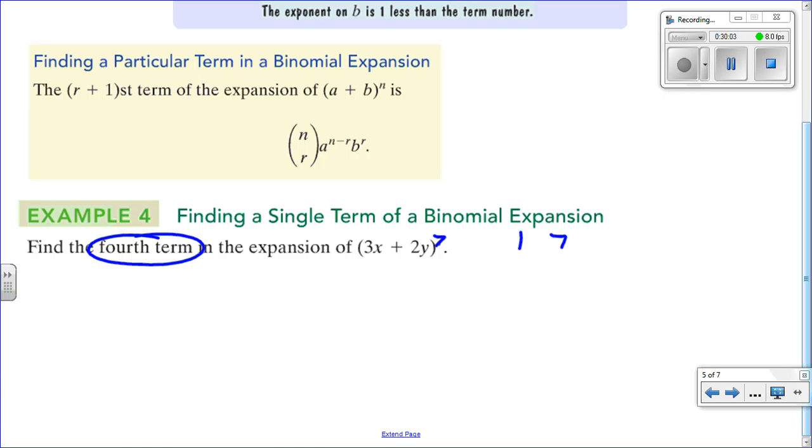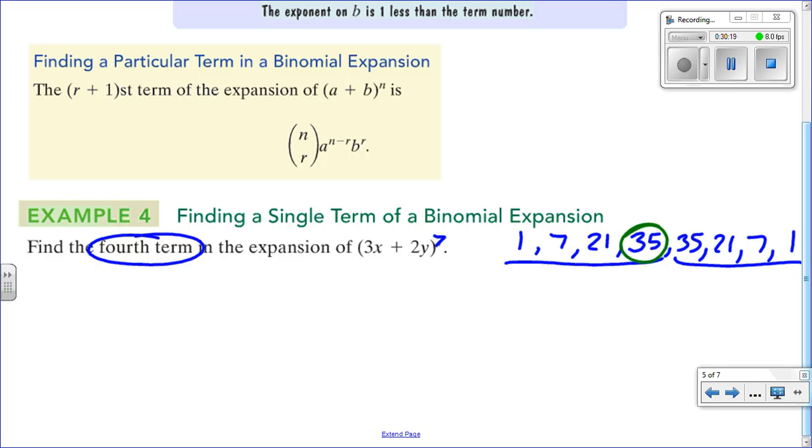1, 7, 21, 35, 35, 21, 7, 1. And you guys notice how they're symmetric? Yeah. Yeah? So the 4th term is going to have this coefficient, 35.